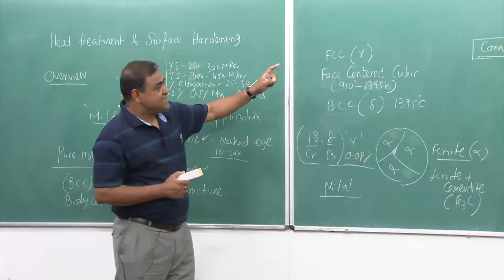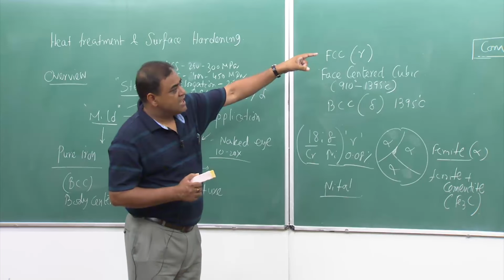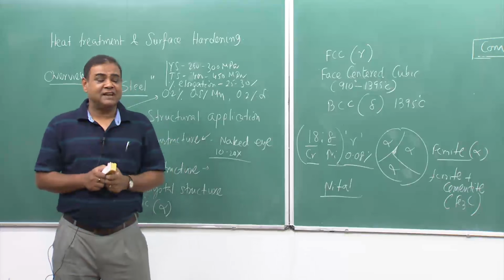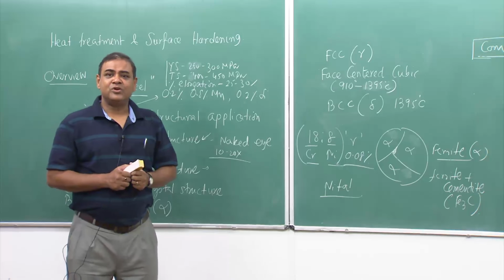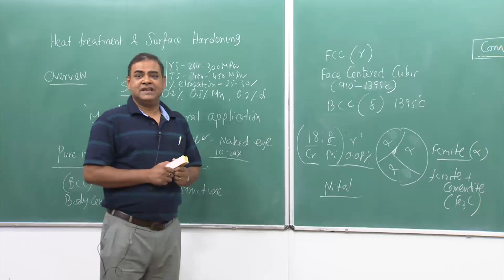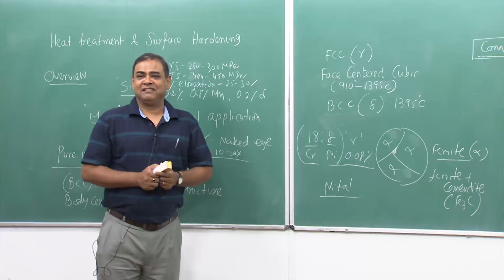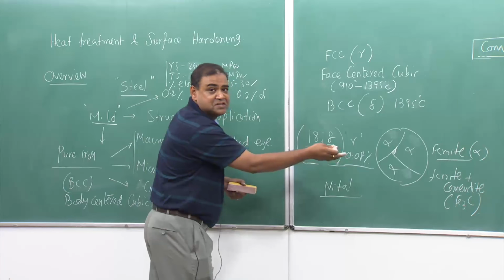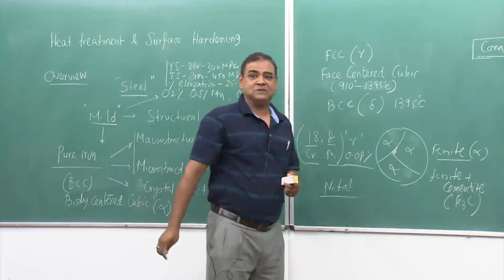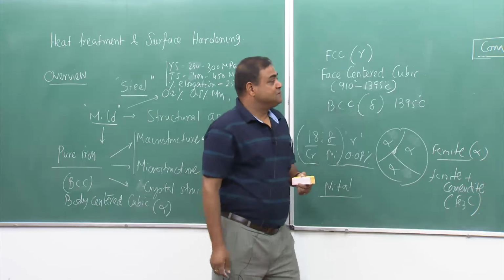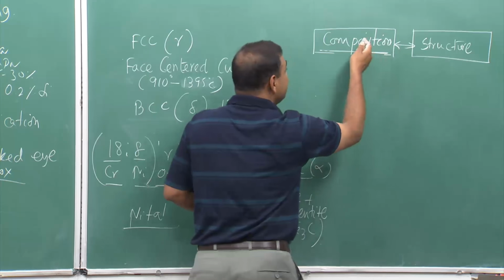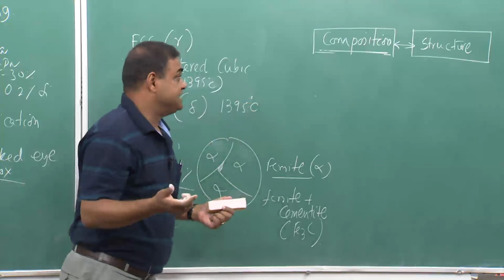So, if composition and structure are both interrelated, then we also see the property is interrelated. If we change the composition without changing the microstructure, we have a change in properties. The structure remains the same, but the composition changes, and the property changes.